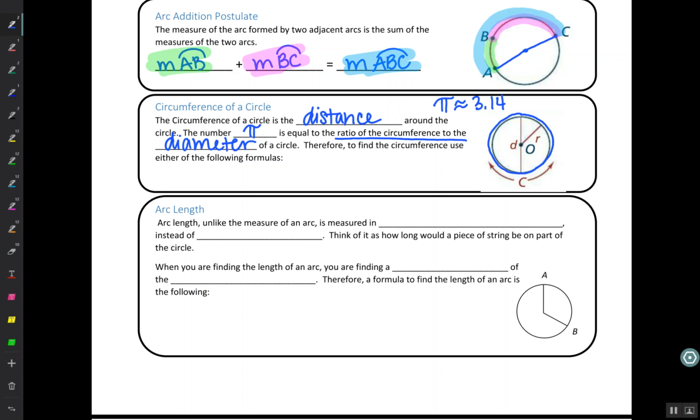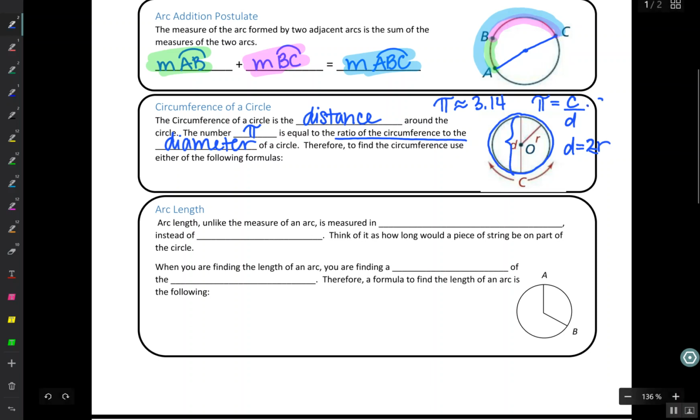Okay, so using this definition that pi is the ratio of the circumference to the diameter means that pi will be whatever the circumference is to the diameter. The diameter is the whole length, and the diameter is twice the radius, sorry, so the radius is half of the diameter.